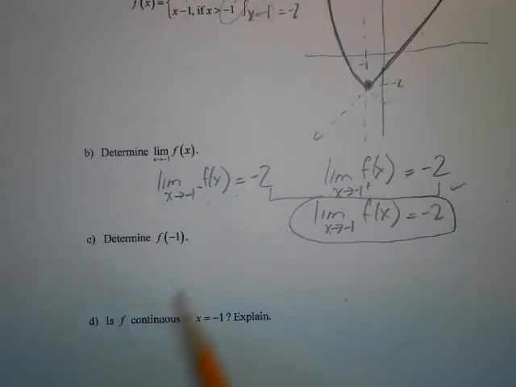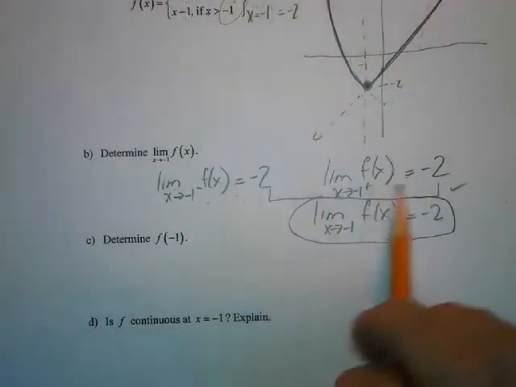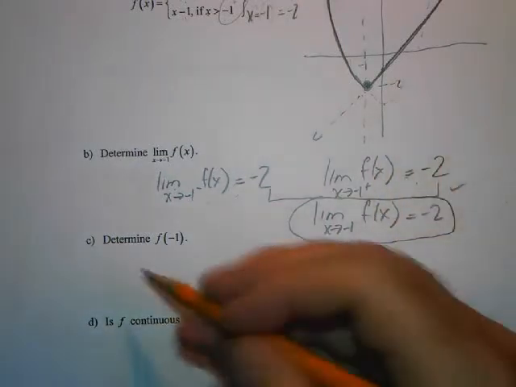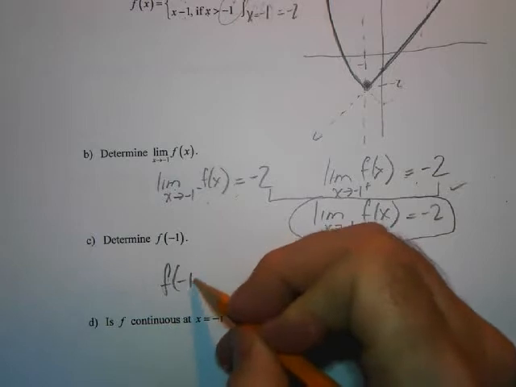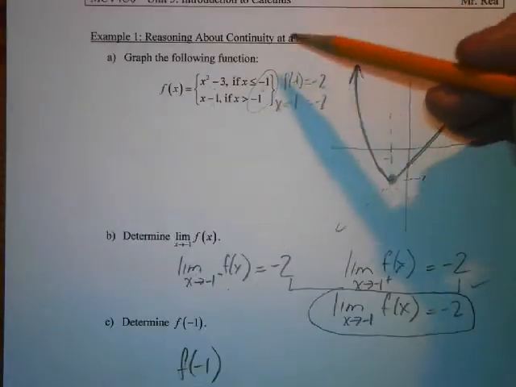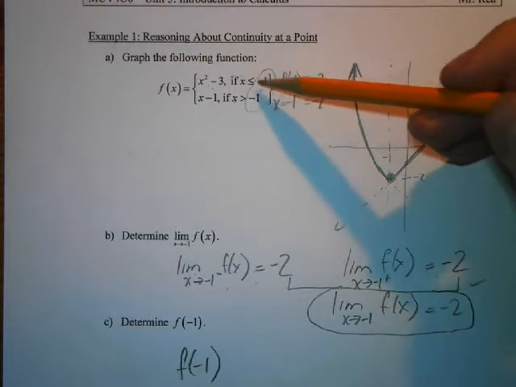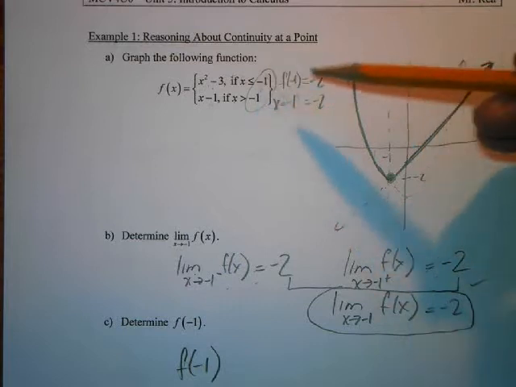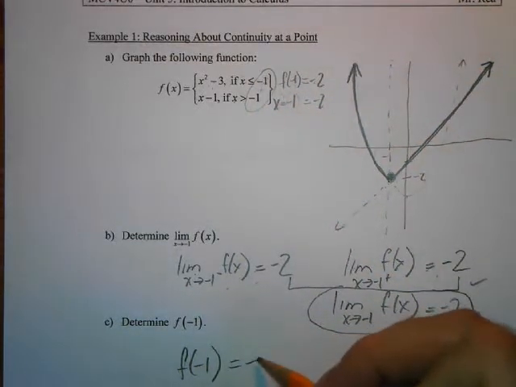Obviously, if it wasn't the same, it'd be very important to show they're different. Therefore, the limit doesn't exist. Now, the value f of -1 came from this branch here when x is less than or equal to -1. So when we plug -1 in there, we got -2.